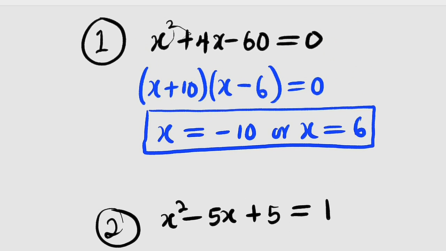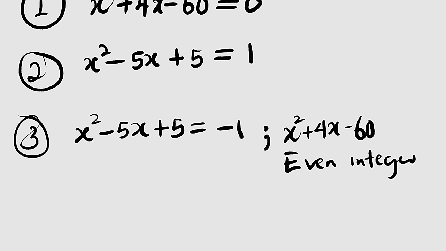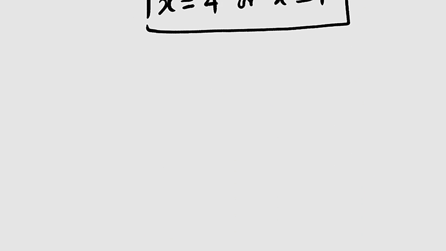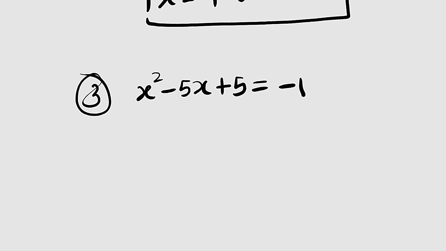Then the last condition is when our base is negative 1, if and only if the exponent is an even integer. So first of all, we are going to solve this, then we substitute the solutions into this condition. Here is the last condition. Let us add 1 to both sides. So we have x squared minus 5x plus 5 plus 1 is 6.